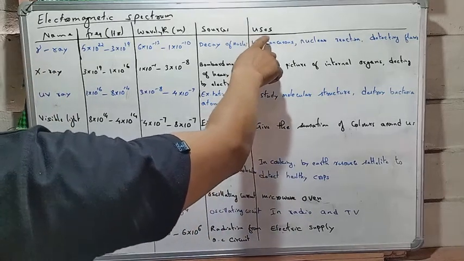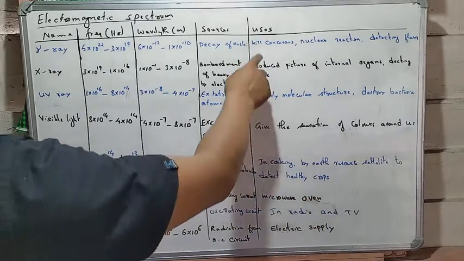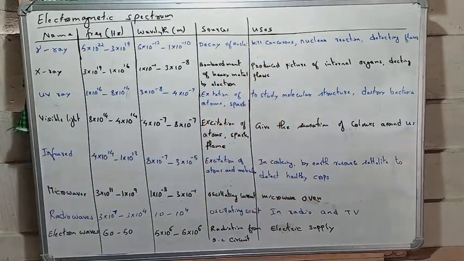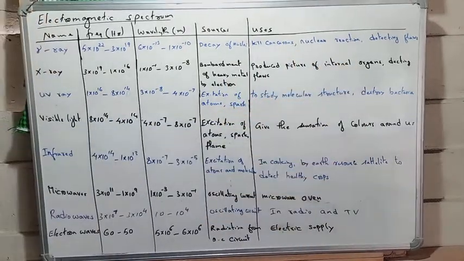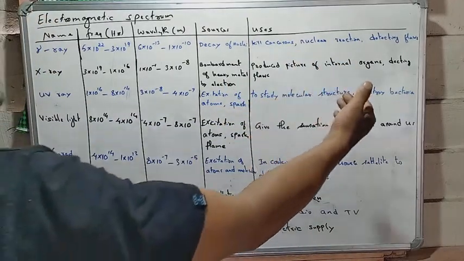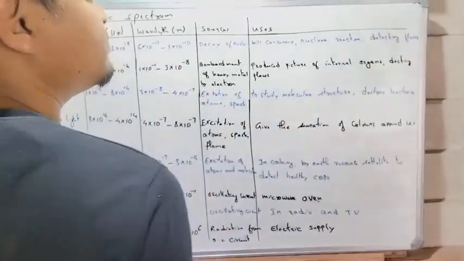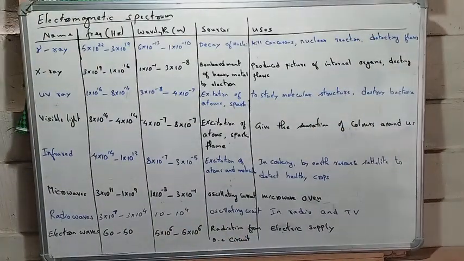This gamma ray is very useful to kill cancerous cells. Another use is in nuclear reactions, and it can also be used to detect flaws or cracks in a metal.